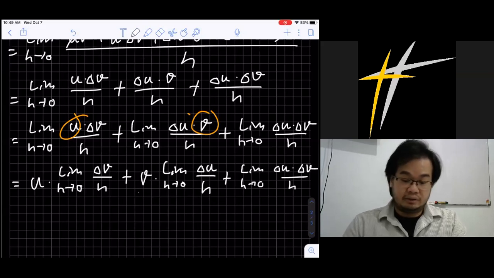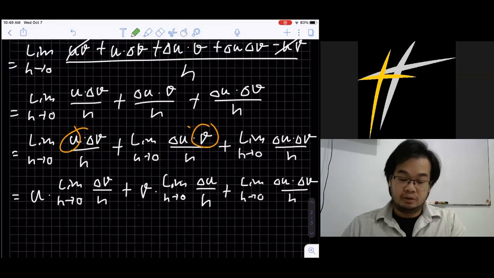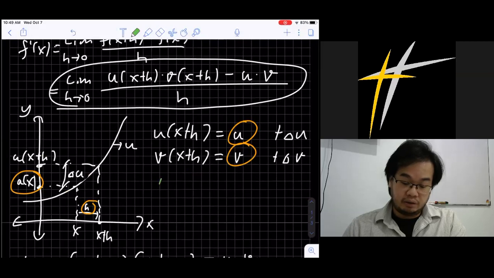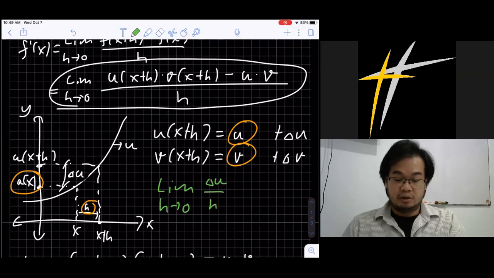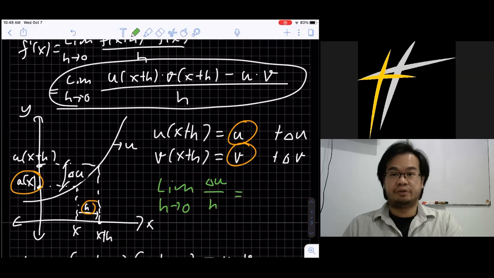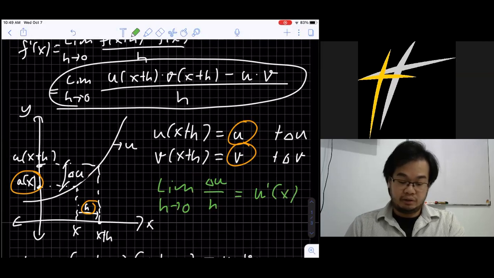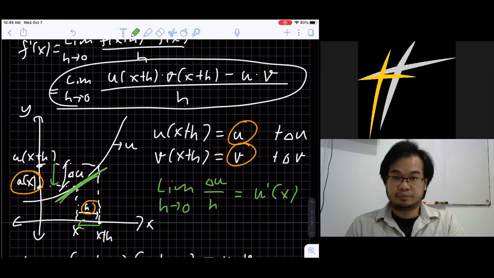Now realize that the limit of h approaching 0 of delta u over h is the instantaneous rate of change of u, u prime of x, right? Because when the h is approaching 0, it means the delta u is also approaching 0. Isn't that the definition of the derivative, the slope of the tangent line, right?